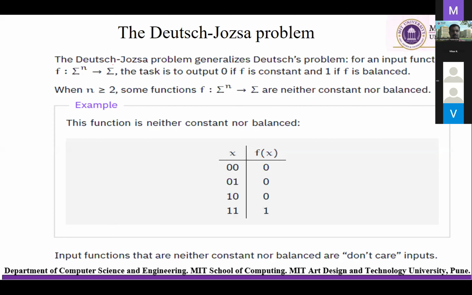For n number of inputs, there will be a single output.